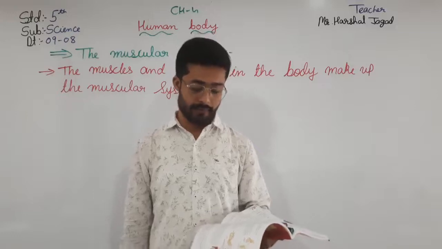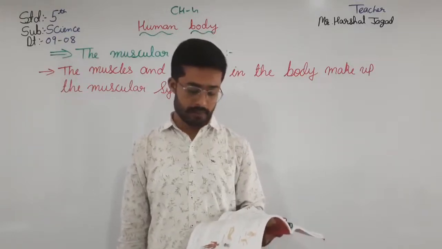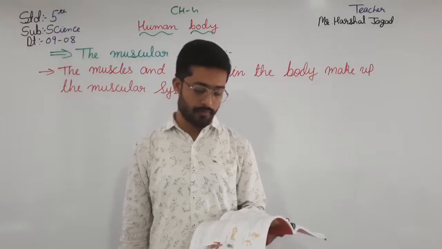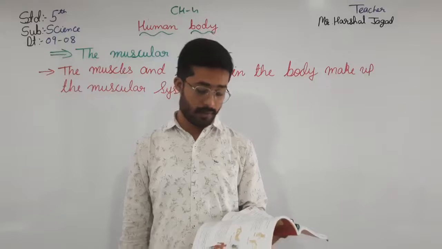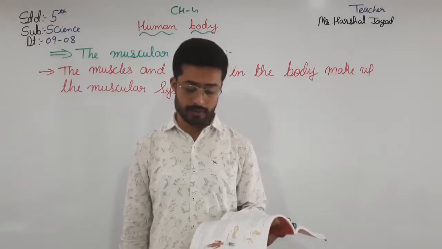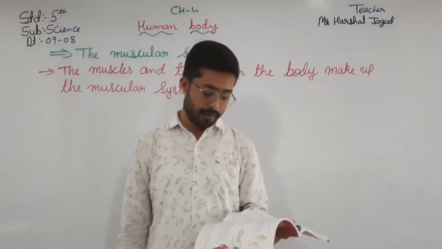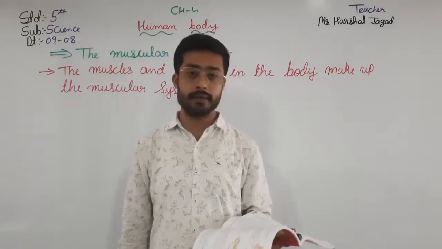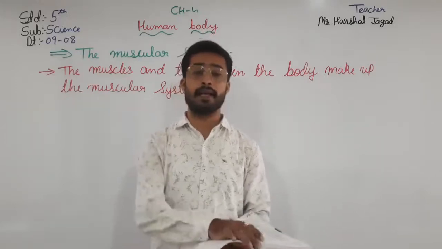For example, if we want to lift up our arm, the muscles of the arm contract to pull the lower arm, and another set of muscles contract to lower the lower arm. The muscles contract and shorten and relax alternately to make body part movement. We have more than 600 muscles in our body attached to the bone by the tendons.